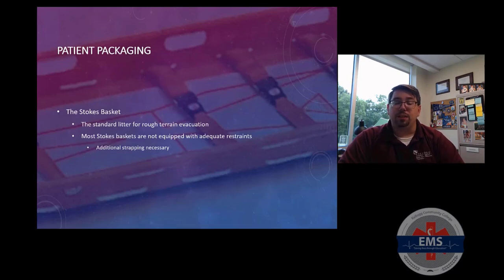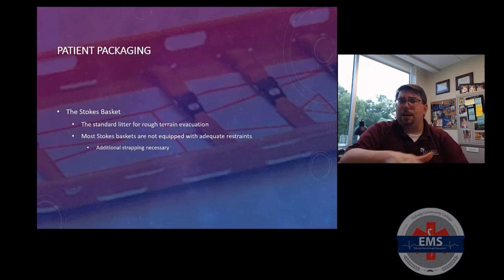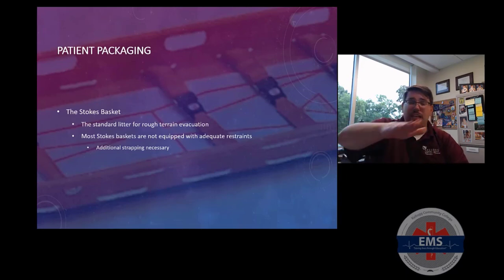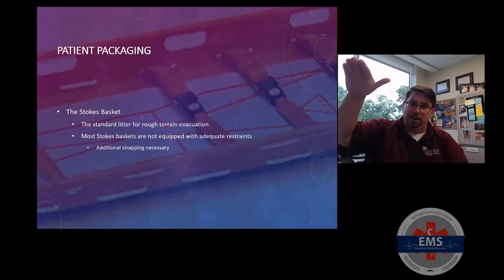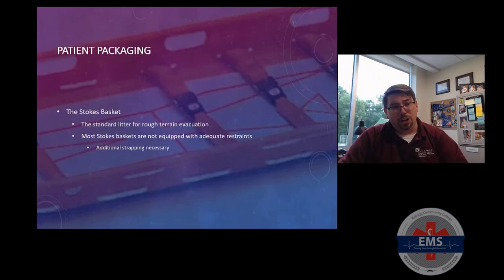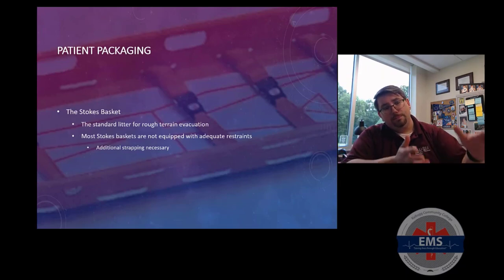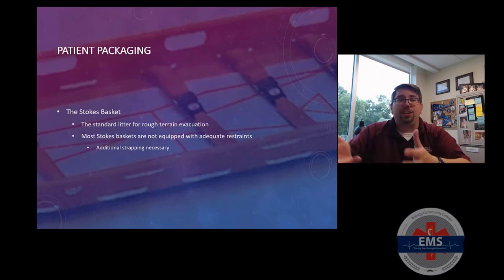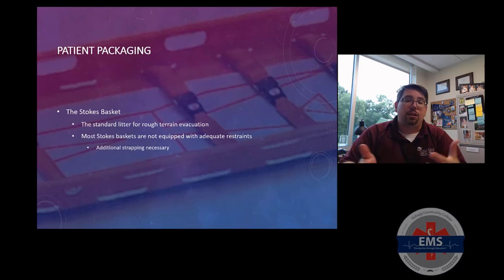For example, on a cliff, you may have your patient backboarded, but if they were not placed into a Stokes basket or a litter, as that backboard is lifted up that cliff, they may actually hit the wall of the cliff and get additional injuries. That's not what we want to do. The Stokes basket allows for that basket to scrape up against the side of that cliff without causing any further damage or concern to our patient.